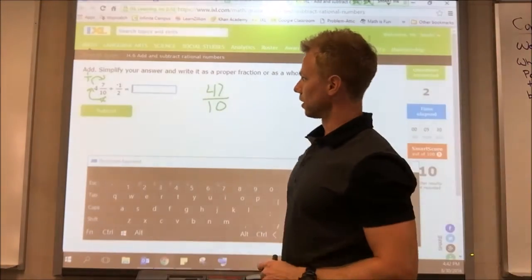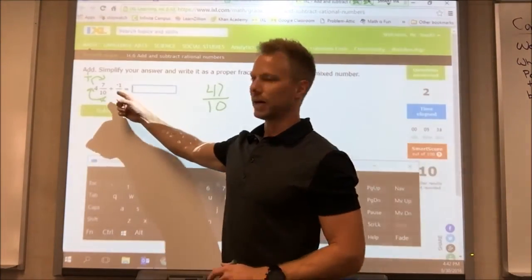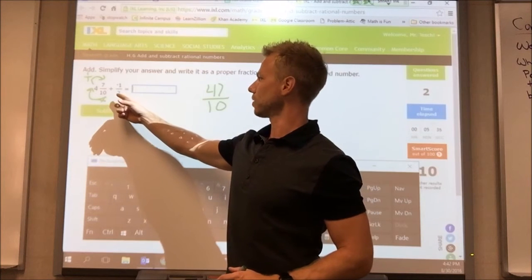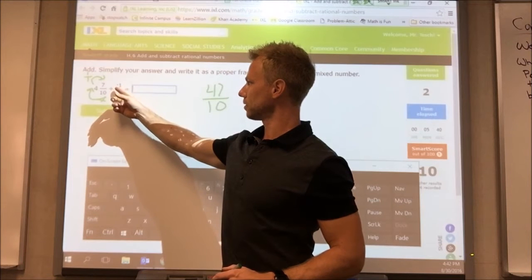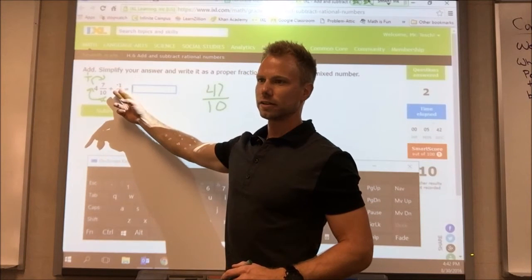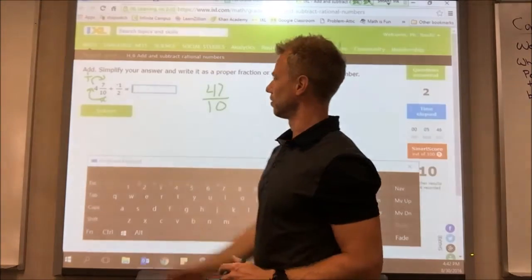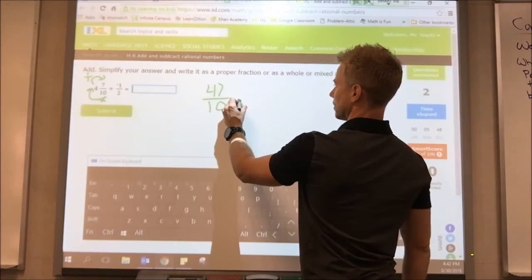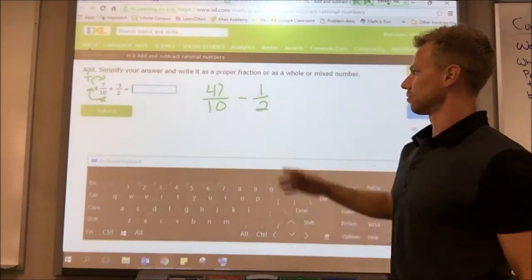Okay, then we have our plus negative 1/2. Now, if we follow our rules for adding and subtracting, a positive and a negative, a plus and a minus right next to each other, that's unlike, and it simplifies to a negative. So I could rewrite that as minus 1/2 or a negative 1/2.